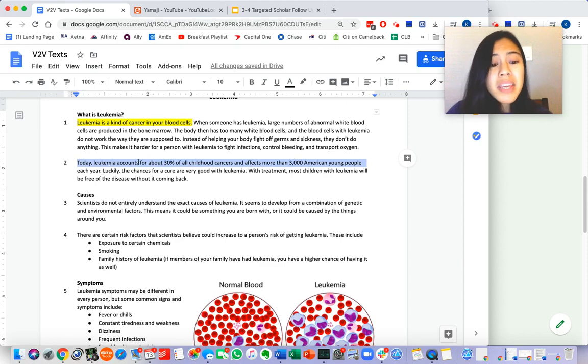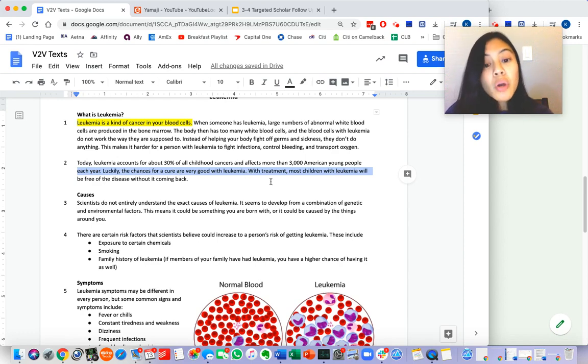Today, leukemia accounts for about 30% of all childhood cancers and affects more than 3,000 American young people each year. Wow. Luckily, the chances for a cure are very good with leukemia. With treatment, most children with leukemia will be free of the disease without it coming back.